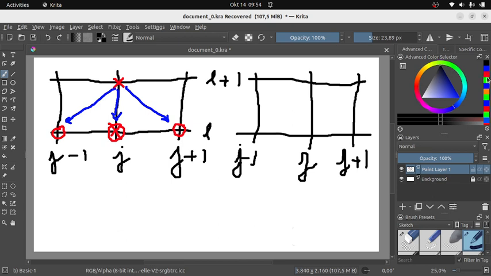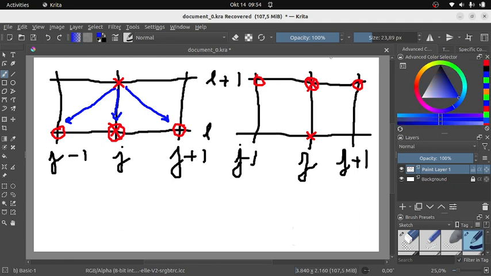In an implicit method, we still approximate the time derivative with the Euler method, but now we approximate the space derivative at time L plus 1 in the future. It might look weird, but it works.